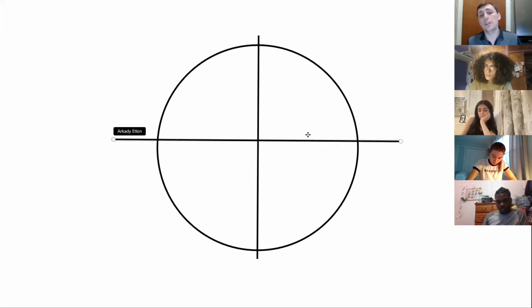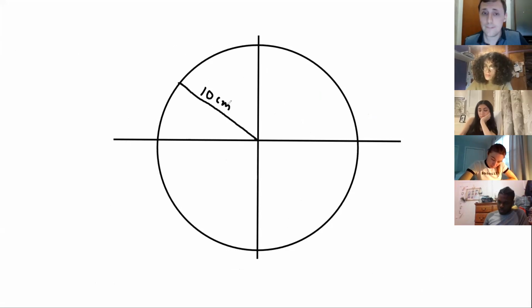Good. So here is some circle, and let's say that we know the radius is 10 centimeters. I want to find a formula for the points x, y in terms of the angle theta, which is here.